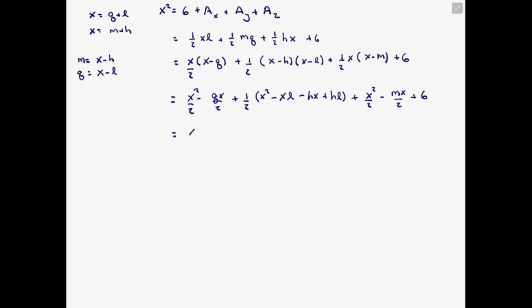Now, a little more algebra. x squared on 2 minus qx on 2 plus x squared on 2 minus x times h plus L on 2 plus hl on 2 plus x squared on 2 minus mx on 2 plus 6.